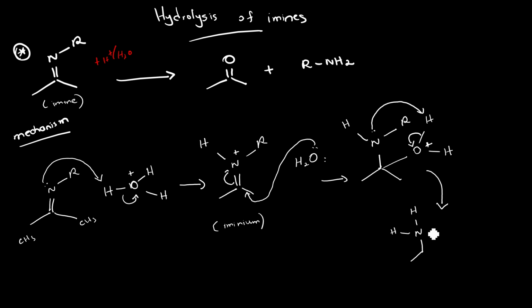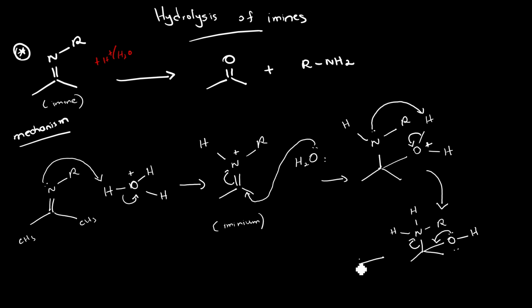There's an R group, and here two methyl groups, and we have oxygen with two lone pairs and hydrogen. Now in the next step, one of the lone pairs will go back into this carbon to form a pi bond, resulting in the breaking of this whole group.